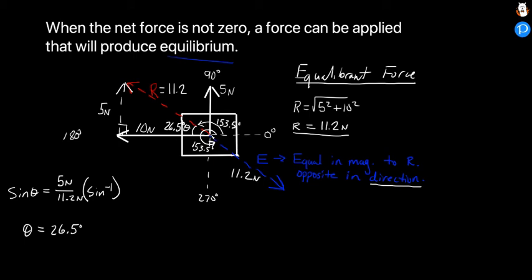Let me do that, and we get 333.5. So from here all the way around to here is 333.5 degrees. So my final answer here, the equilibrium force, is equal to 11.2 newtons at 333.5 degrees. And that would be my final answer for that one.